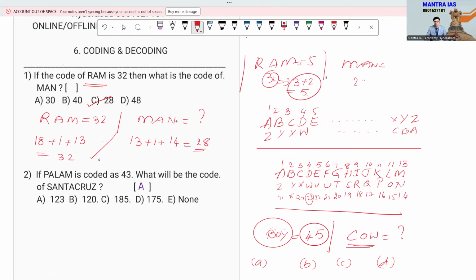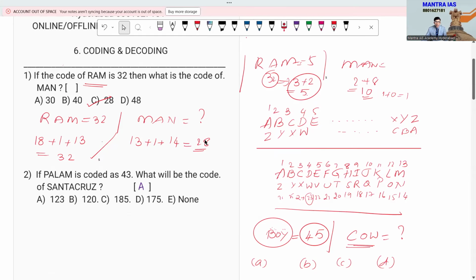In the same way, for MAN we have 2 plus 8, which is 10. If you check, the option is 10. In some cases he will keep 0 or 1 also, because of the single digit format: 1 plus 0 is again 1. Depending upon the options and logic, just focus on that and you can do it easily.